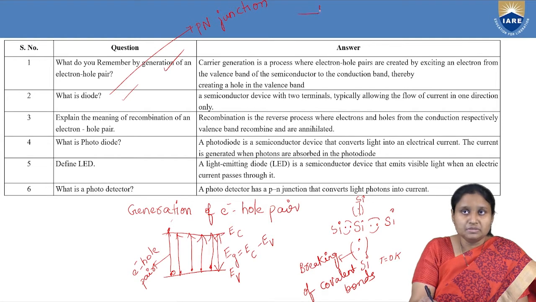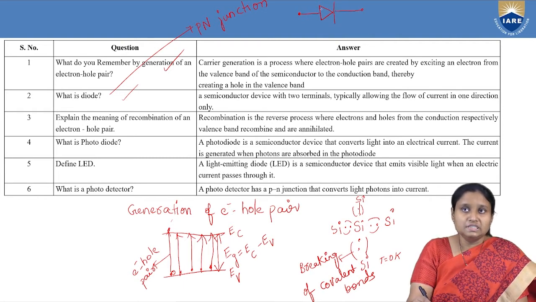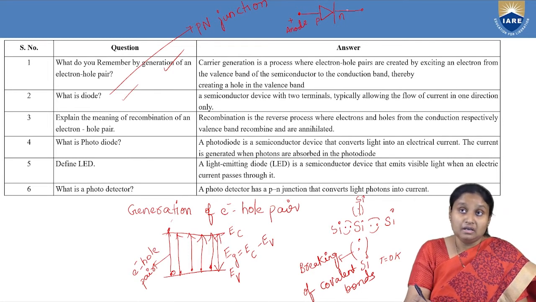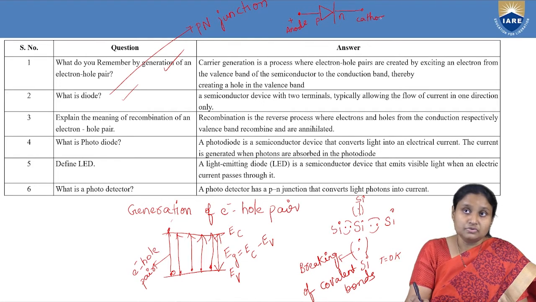In order to draw the symbol, we draw one triangle followed by one vertical line. This triangle represents the P type of the PN junction, and this vertical line represents the N type. Generally this end acts as the anode, whereas the other end, towards the N type of the PN junction, acts as the cathode. Of course, this is the symbol.